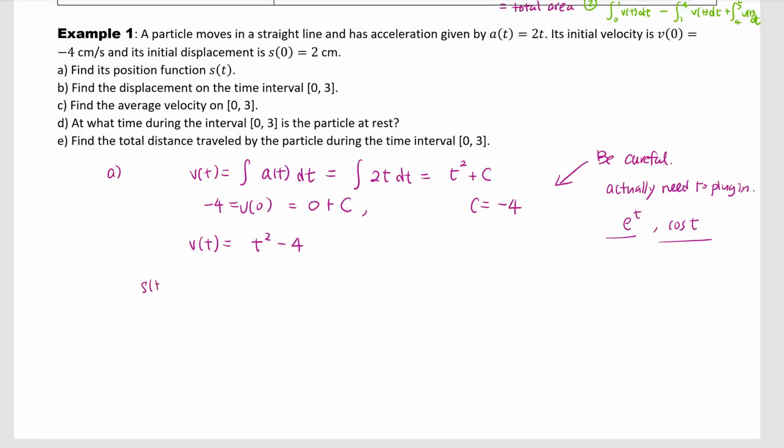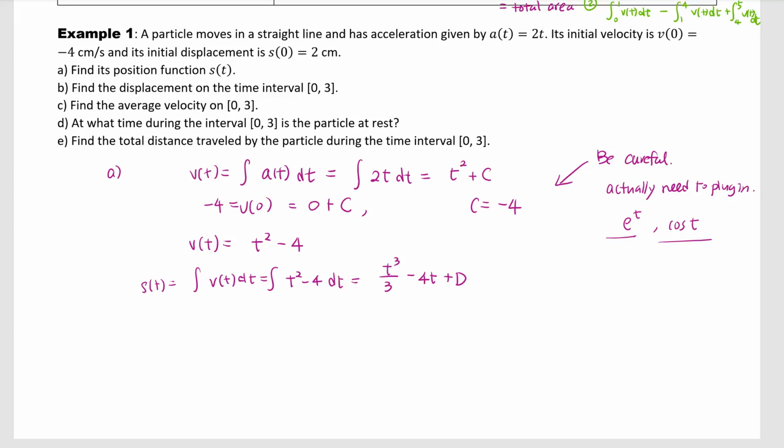And then s of t is the integral of v of t dt, the integral of t squared minus 4 dt. And what is that? Well, that's t cubed over 3 minus 4t plus, let's call it d, okay?